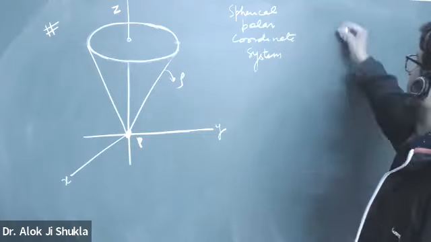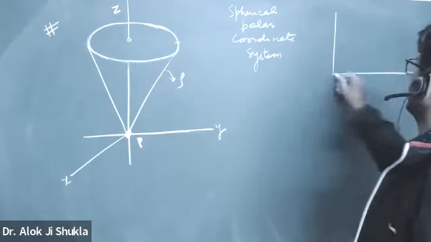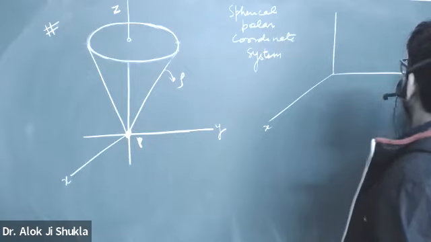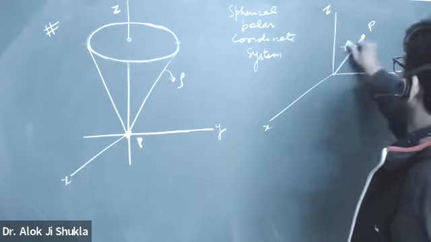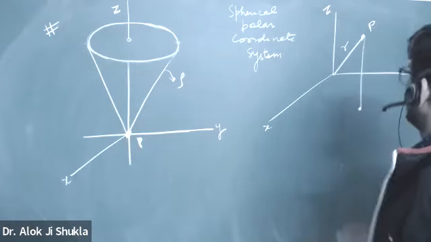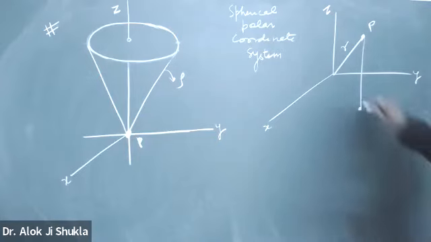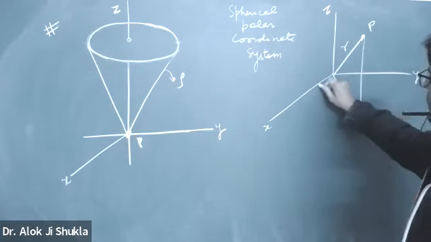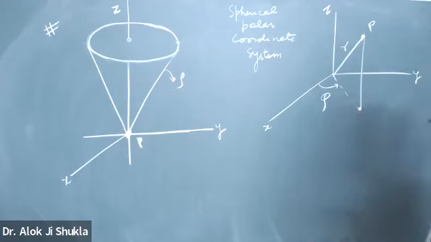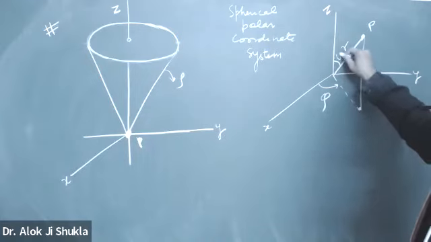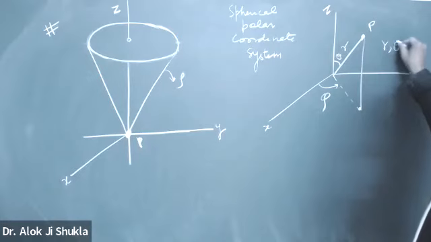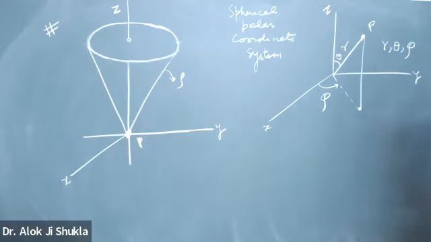Just make the diagram. So suppose this is X, this is Y, this is Z. This is a point P. You want to write it in spherical polar coordinate. This is R. Put a perpendicular on XY plane. XY plane पे एक perpendicular डालो और फिर इस लाइन को मिला दो. X के साथ बनने वाला angle azimuthal angle phi है. So R, theta, R theta and phi, ये मिलके spherical polar coordinate बनाता है.